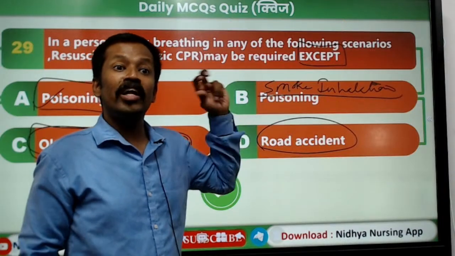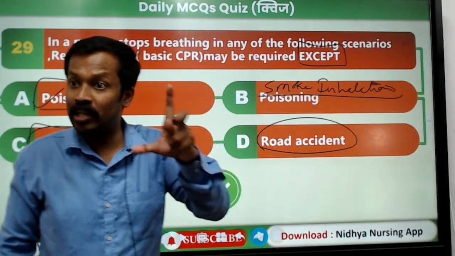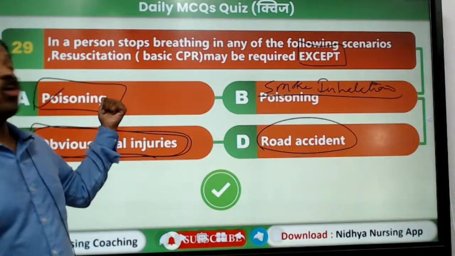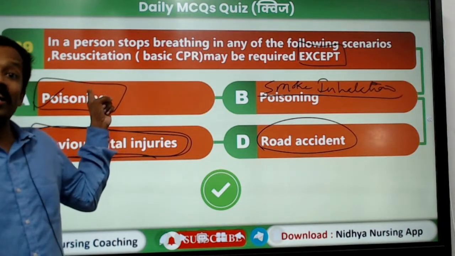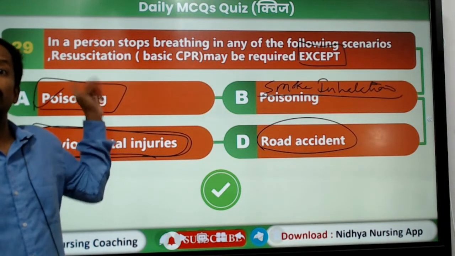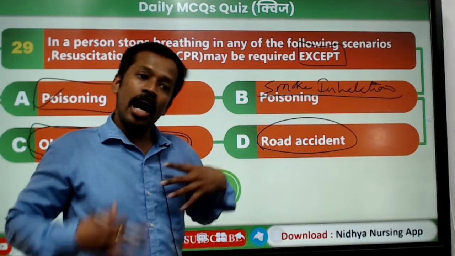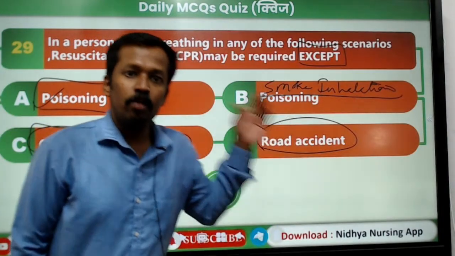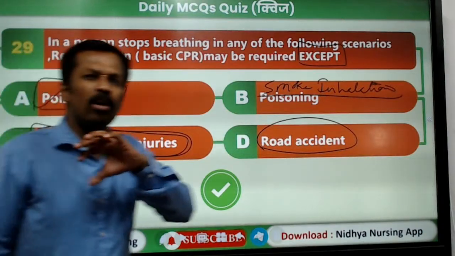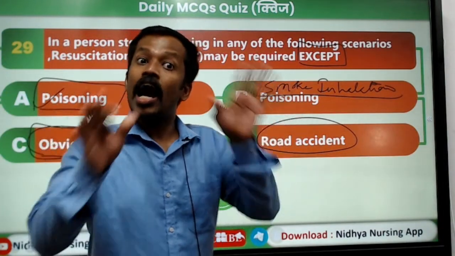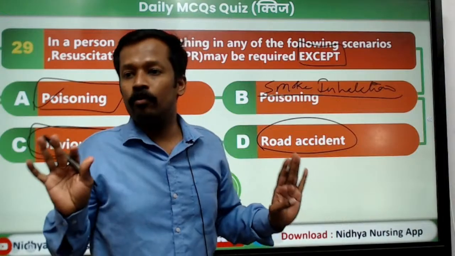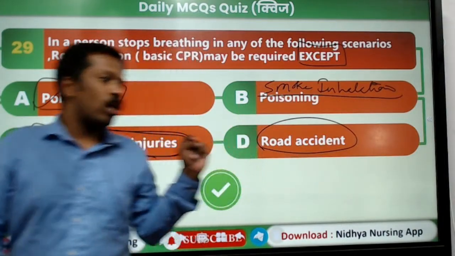Here also we will give rescue breath and airway. If there is any cardiac arrest induced by poisoning, we can give. And road accident cardiac arrest, we can give. But for fatal injury, only if the baby is already gone and the mother is in very great danger can we give. Got it? So what is the answer?